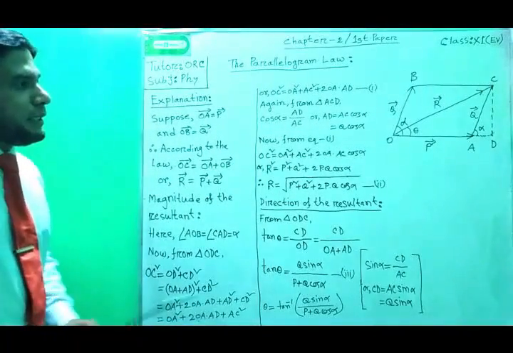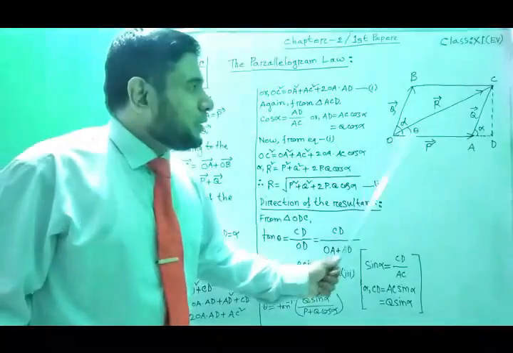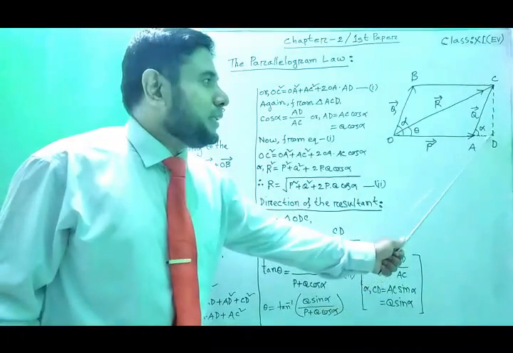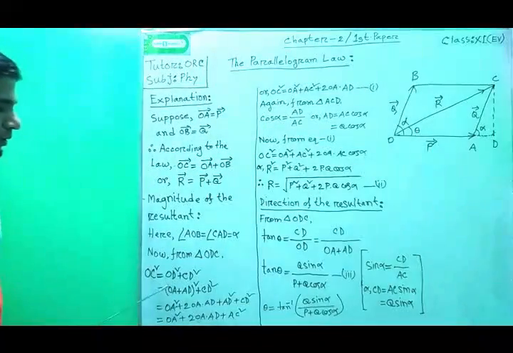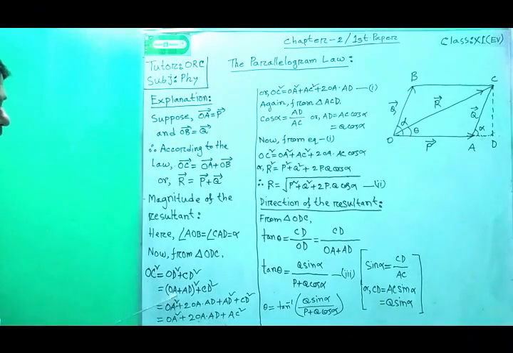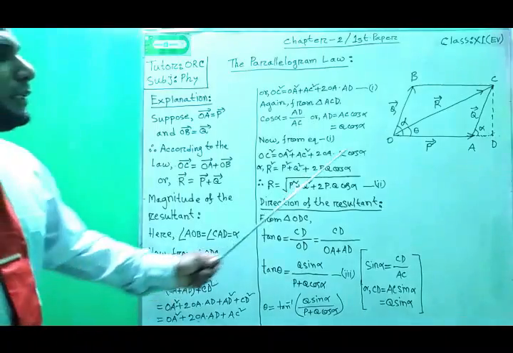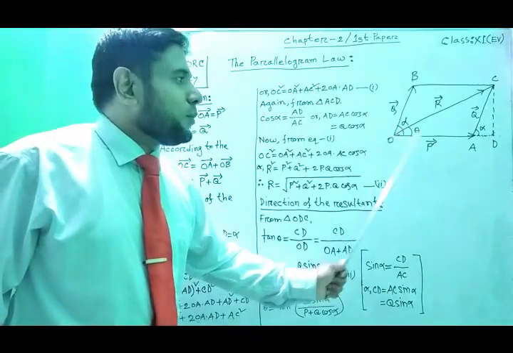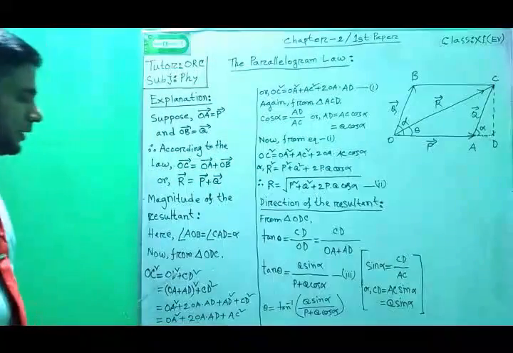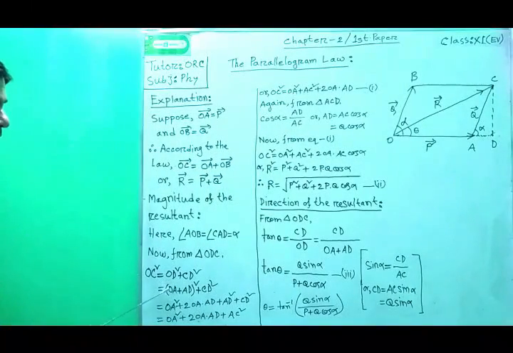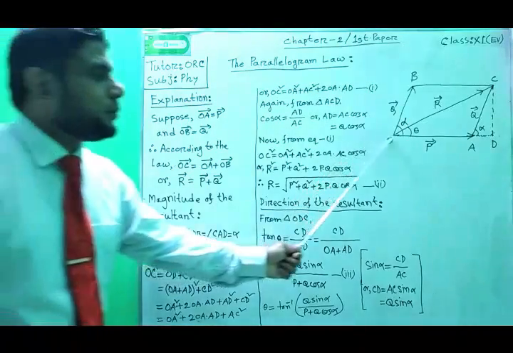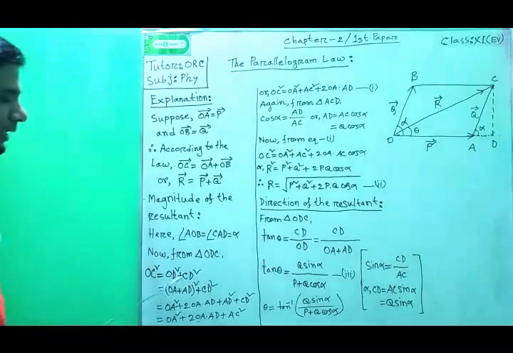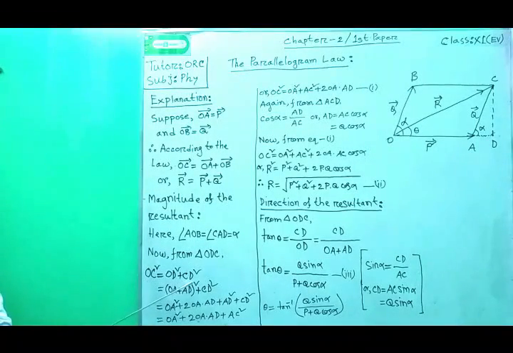Again, we can divide side OD into two portions, OA and AD. So in the second line we can write OD equals OA plus AD, and as there is a square here, we will apply the square.